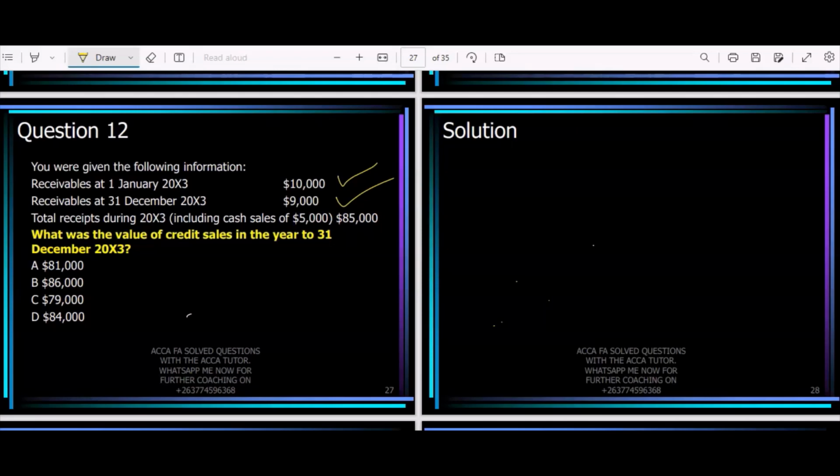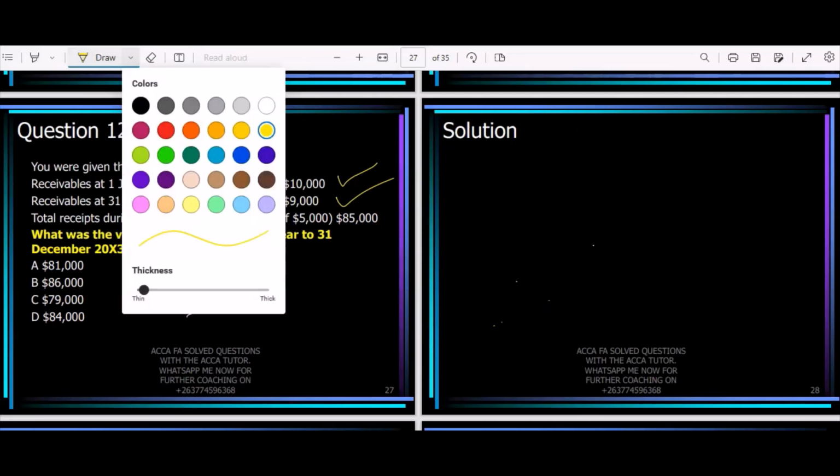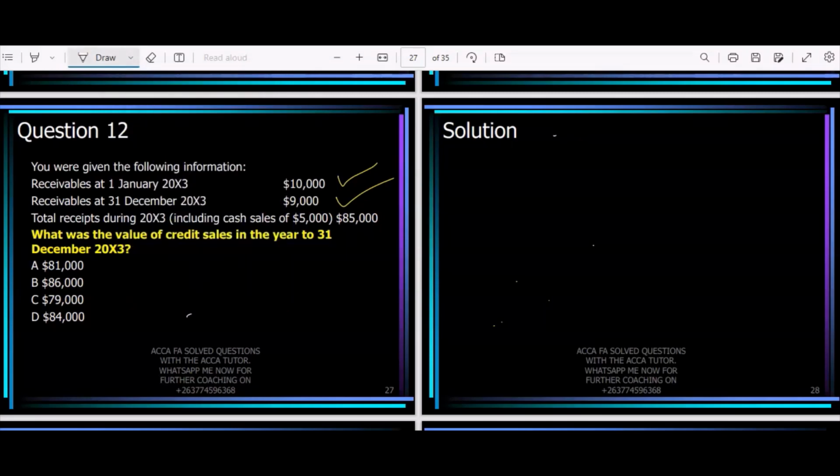So this question is, in short, testing your understanding of the receivables control account. What does the receivables control account look like? It is a T account. So you just have to know which items go to the debit side and which ones go to the credit side.